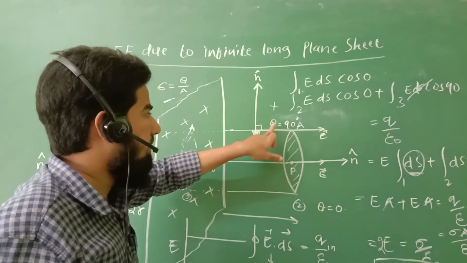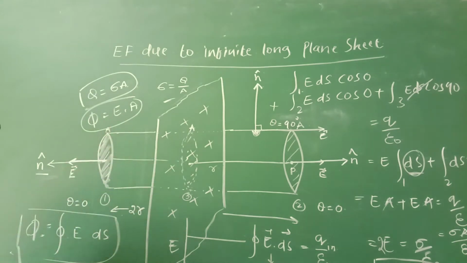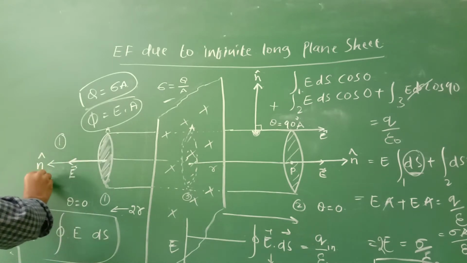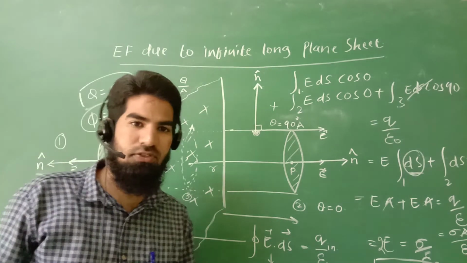Now we have to calculate the angle between the electric field and the area vector. In the first portion, the angle theta between the area vector and the electric field becomes 0.